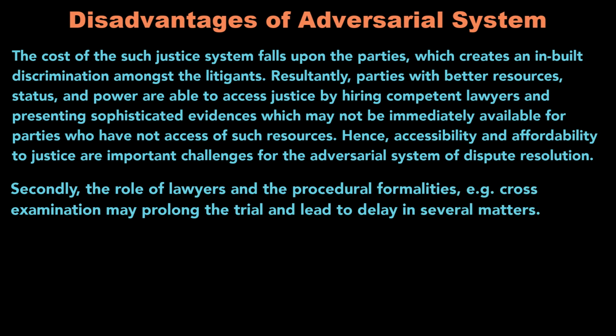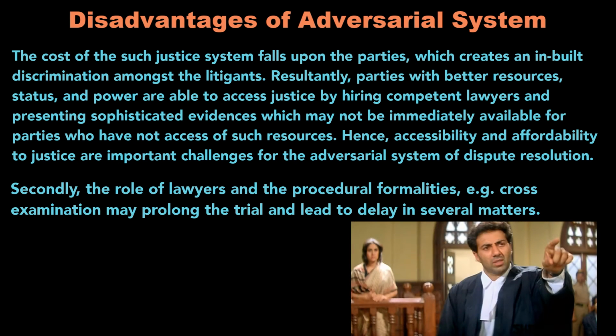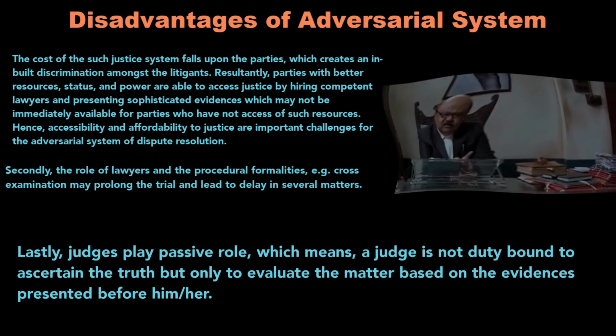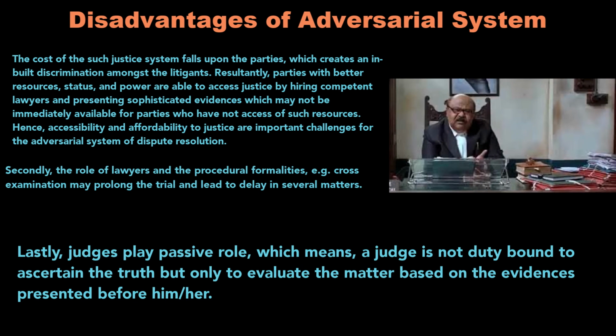Secondly, the role of lawyers and the procedural formalities, for example cross-examination, may prolong the trial and lead to delay in several matters. It means the procedures are so lengthy that they take too much time. Okay, and lastly, judges play a passive role, which means a judge is not duty bound to ascertain the truth, but only to evaluate the matter based on the evidence presented before him or her.